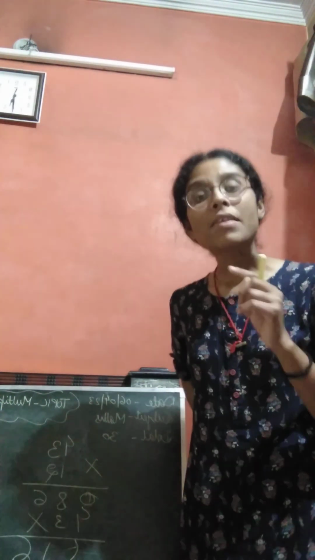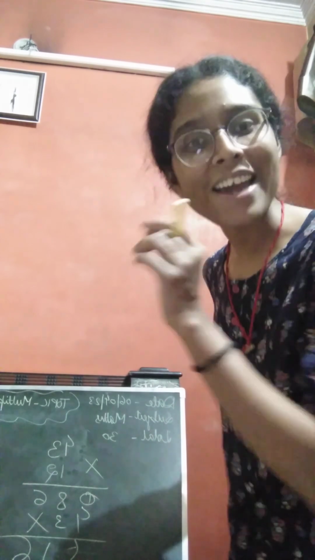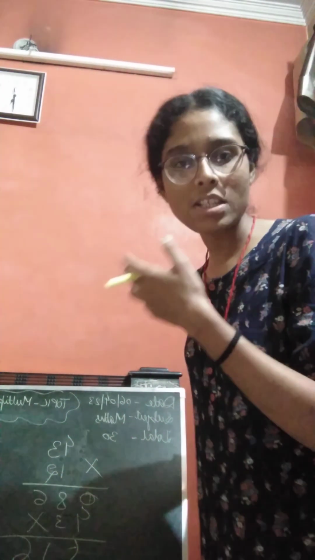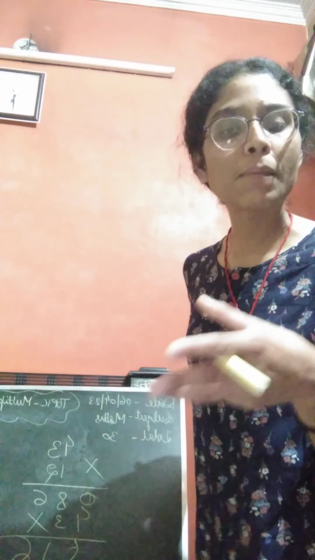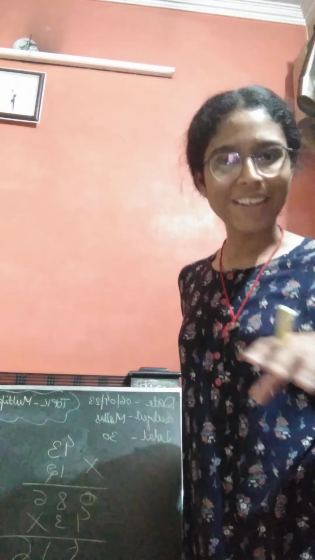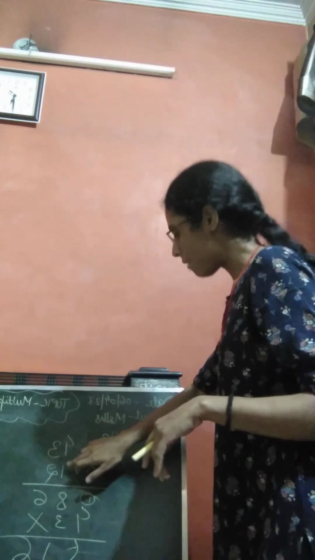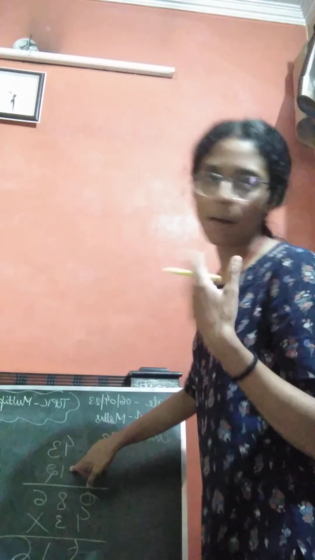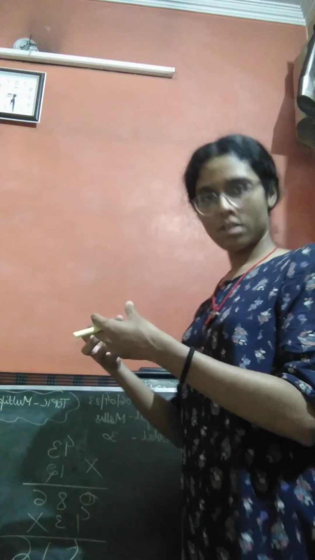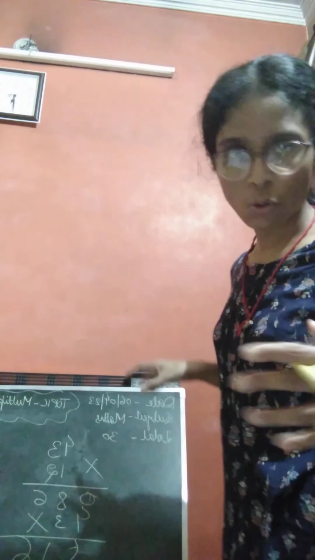That's why from all the options, I will select the number that has 0 in it, because that 0 will make my multiplication a little smoother, okay? So let's say we are dividing here. Firstly, I'm going to do it by separating 12 into 10 and 2, okay?